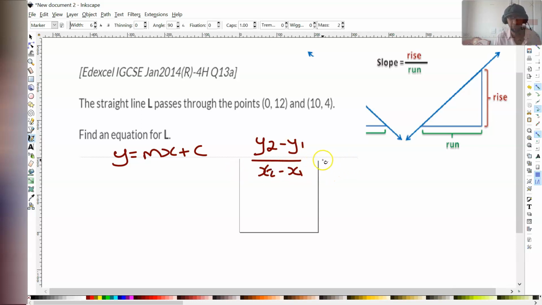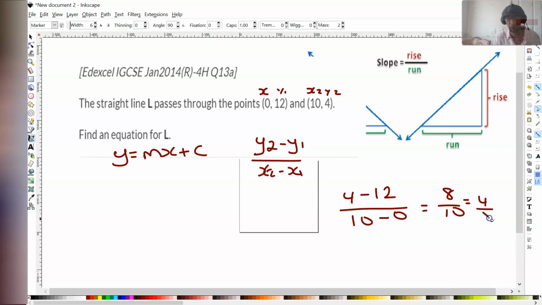If I plug my coordinates into these values, my x2 is 4, minus x1 which is 12, over y2 is 10 minus 0. That would give me 8 over 10, and if I simplify that, I get 4 over 5.